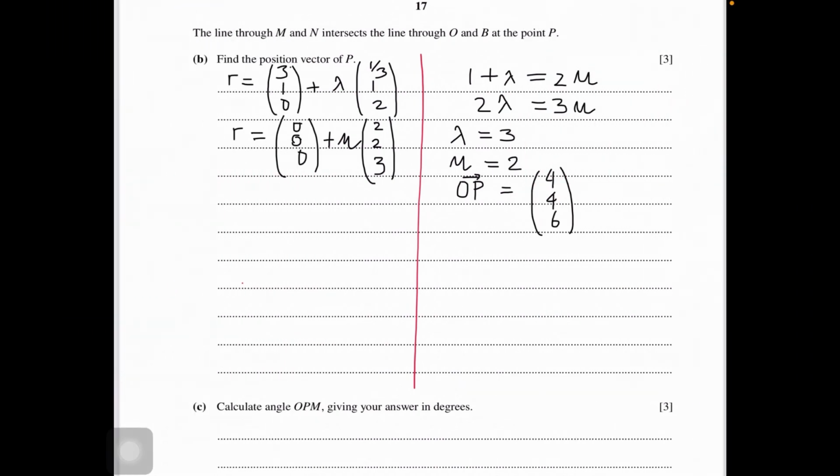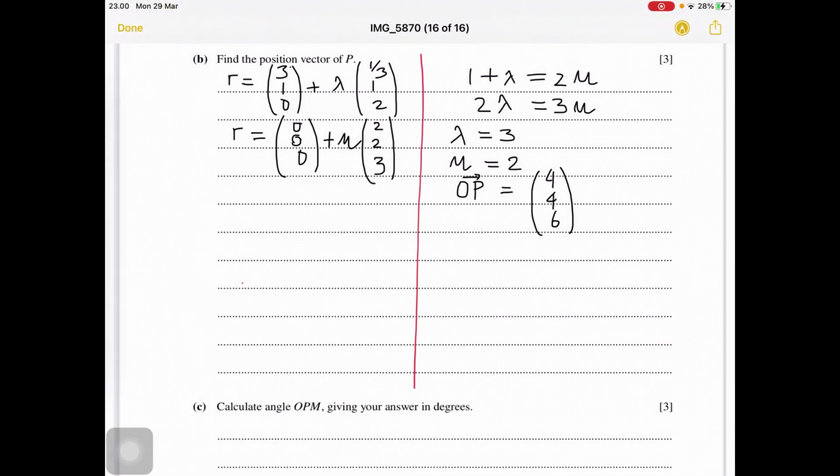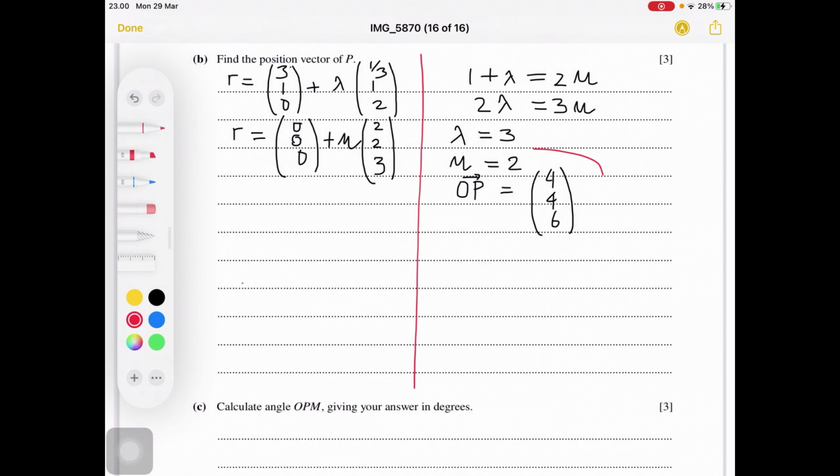C. Calculate angle OPM, giving your answer in degrees. To find angle OPM, we need vector OP, which is (4, 4, 6), and also vector MP.